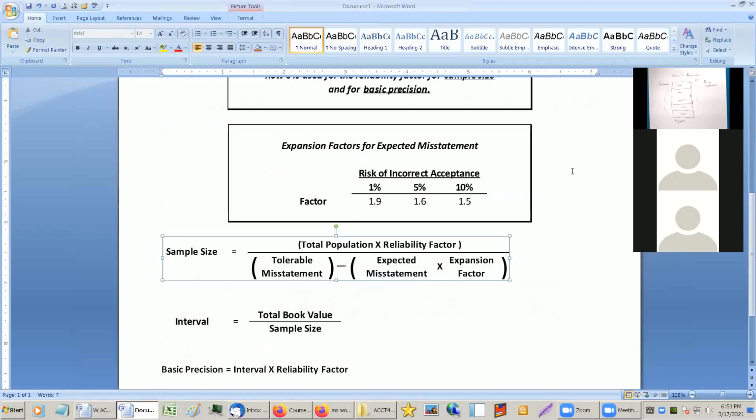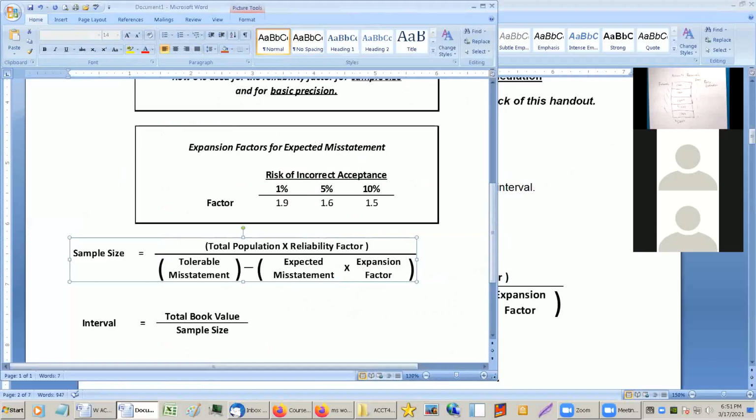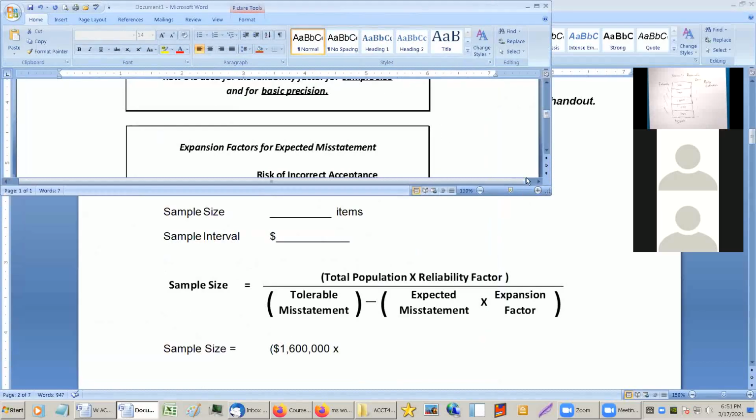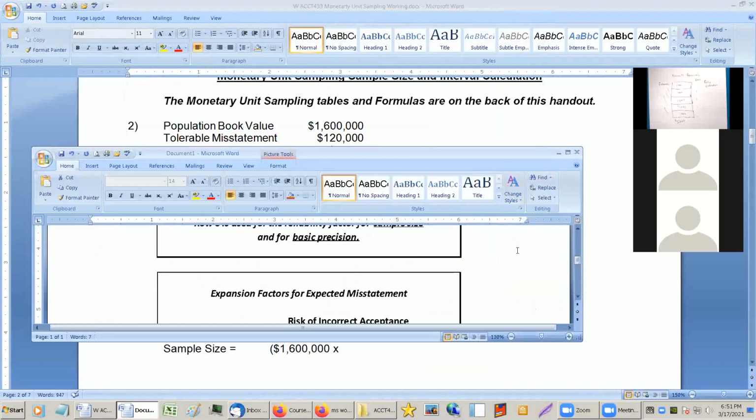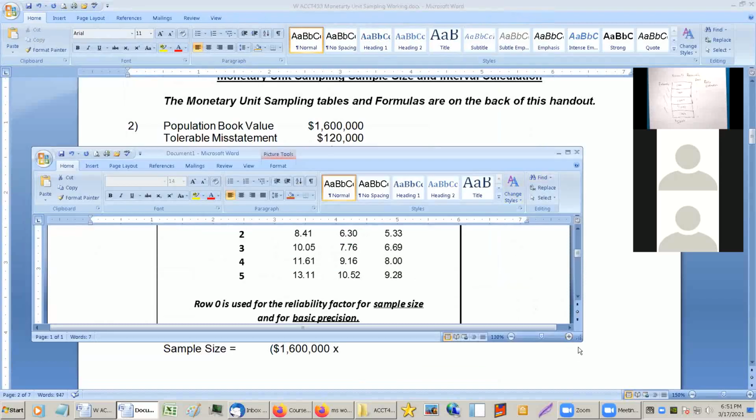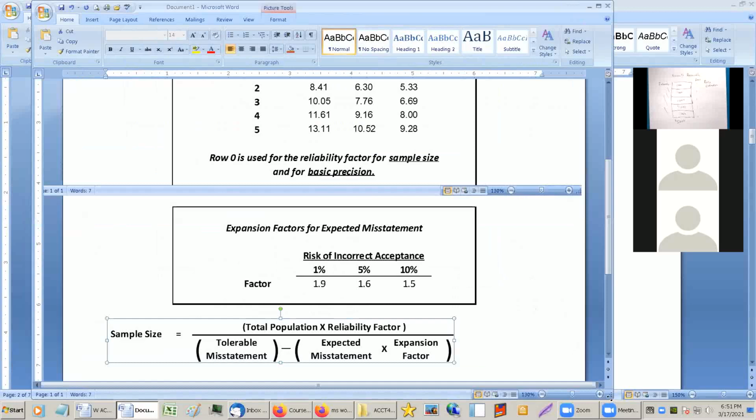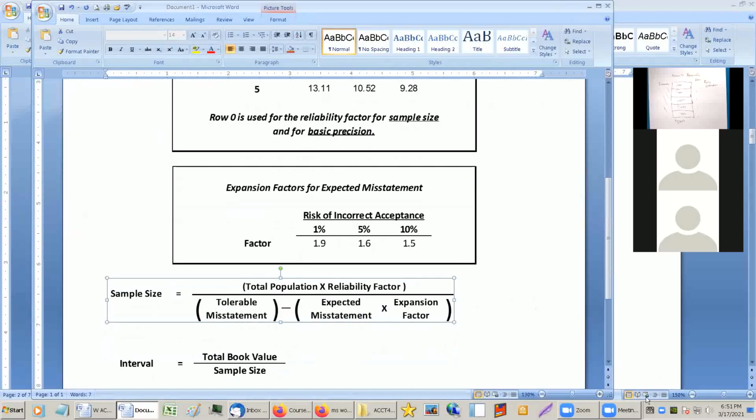I'm gonna get these both on the same page. I bet I can. No. Oh. Darn it.